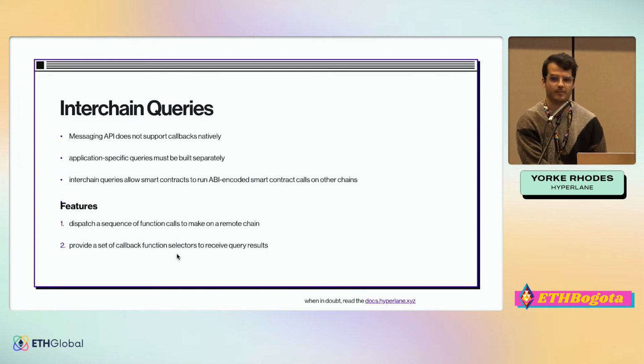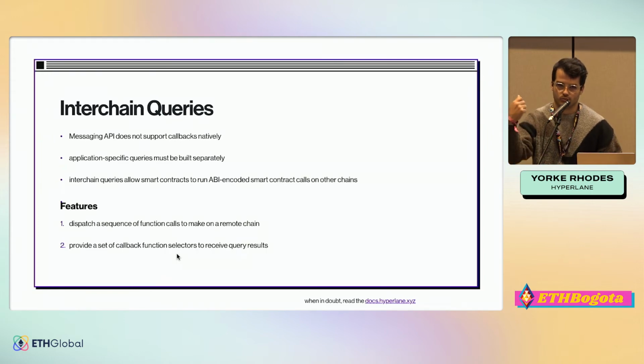Hopefully you're familiar with how function selectors work in the EVM, but the basic idea is you need to provide some way on the source chain to resume execution, or recover the stack, once you receive the message back from the remote chain with the value of the query on that chain.